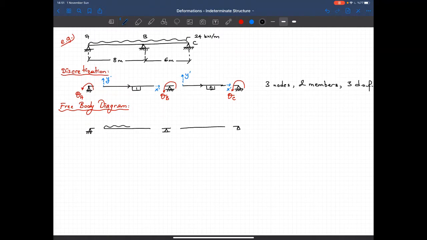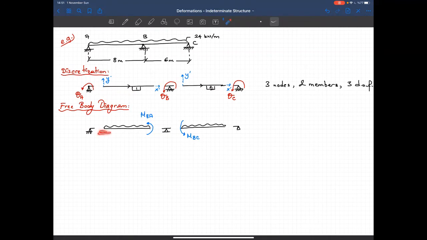So we have a uniform distributed load here and a uniform distributed load here. So let me show the moments. Let's say that I have a counterclockwise moment, MBA here, and a counterclockwise moment, MBC. I don't know either the directions or the magnitudes of these moments. I just put 2 end moments.